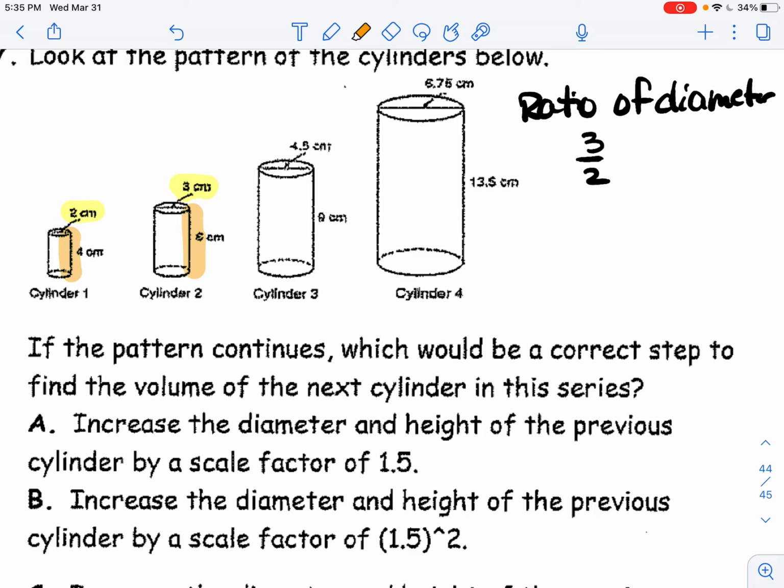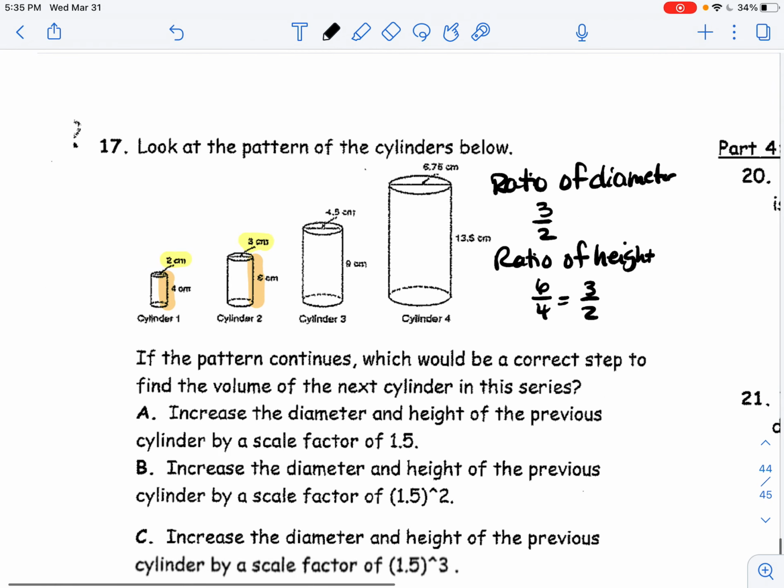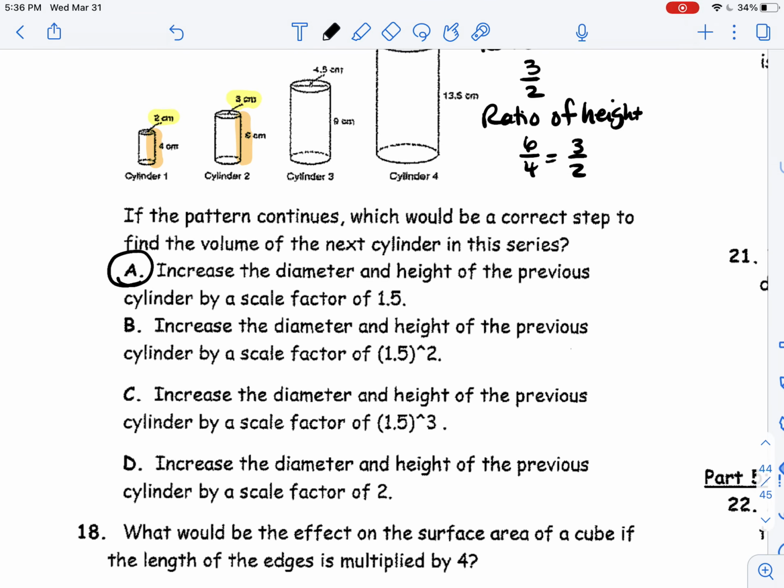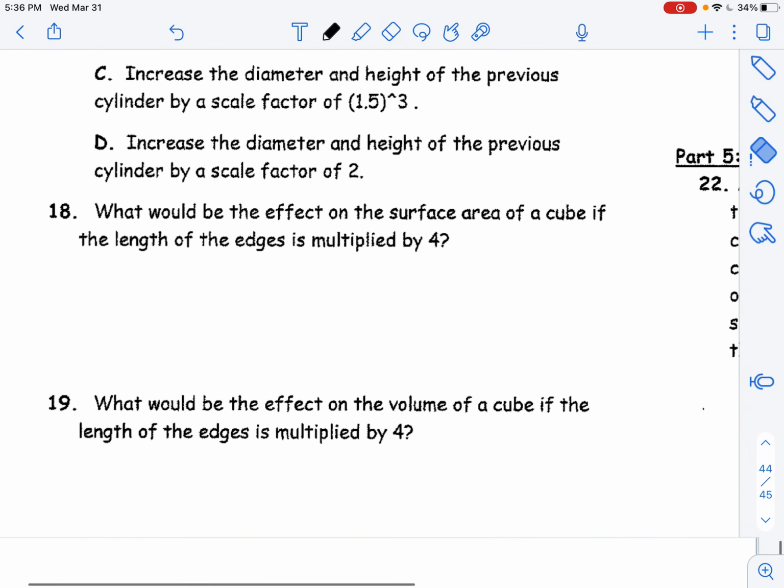Let's take a look at the ratio of the heights. We have this height to this height, so the ratio of the height is 6 to 4, which reduces to 3 to 2. So we know that the increase in the diameter and height is a scale factor of 1.5.